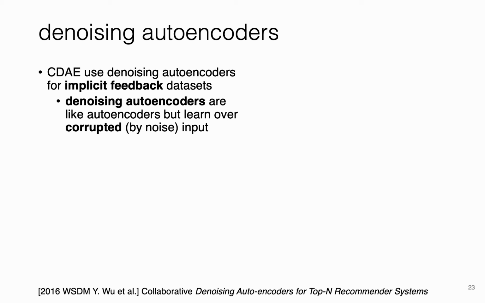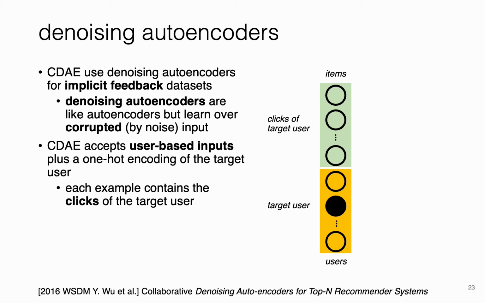In the context of recommenders, collaborative denoising autoencoders, or CDAE, are introduced to learn embeddings of users. This means that the input is user-based, that is, all ratings or clicks in the case of implicit feedback for all items. This is the green part of the input layer.